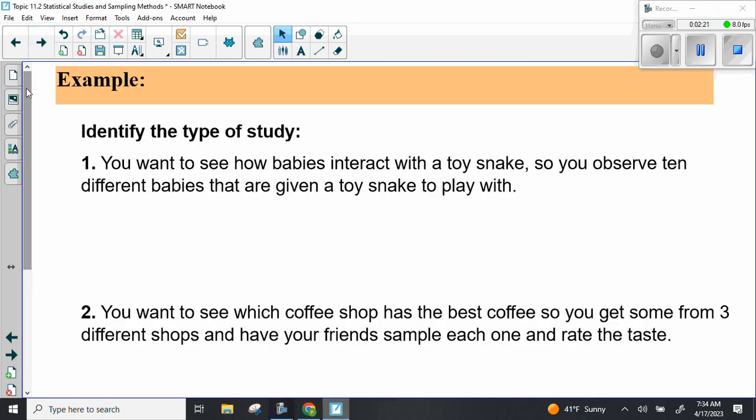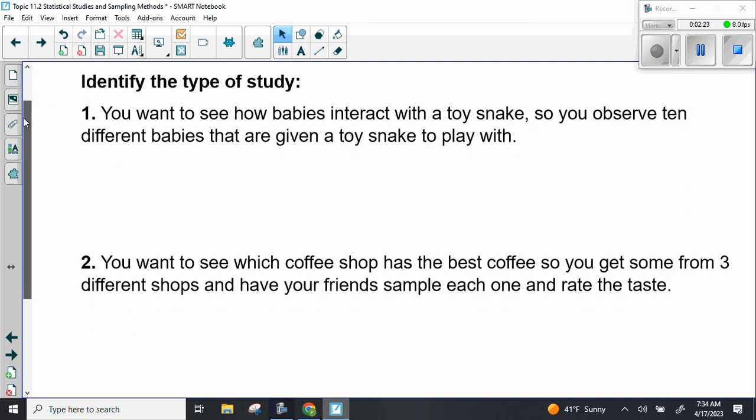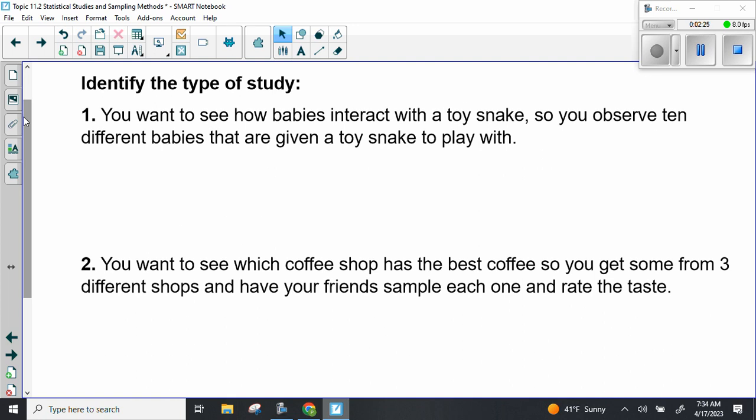All right, so let's identify which type of study we have in each of these examples. You want to see how babies interact with a toy snake, so you observe 10 different babies that are given a toy snake to play with. We need to ask ourselves, was there any attempt to influence the outcome here?